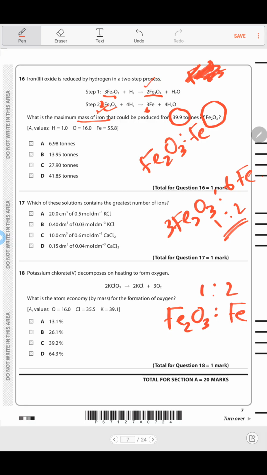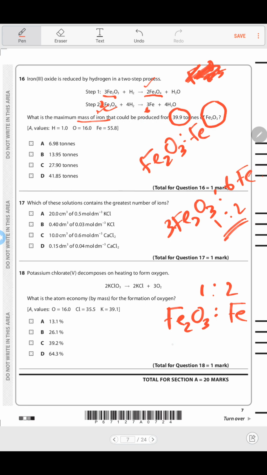The mass of 1 mole of Fe2O3, that means just get the MR of Fe2O3. Give me a second to get that. Simply calculate; I don't have a calculator now, I'm sorry guys.